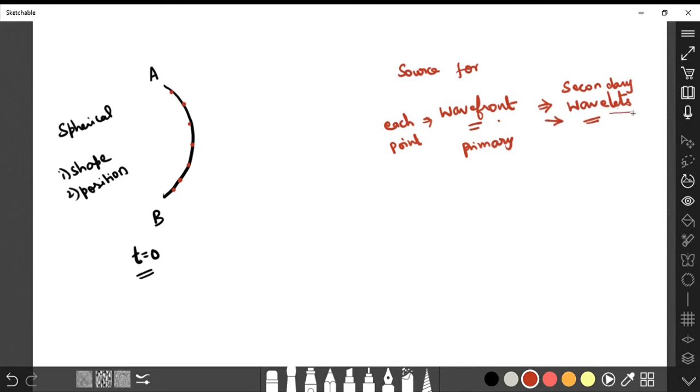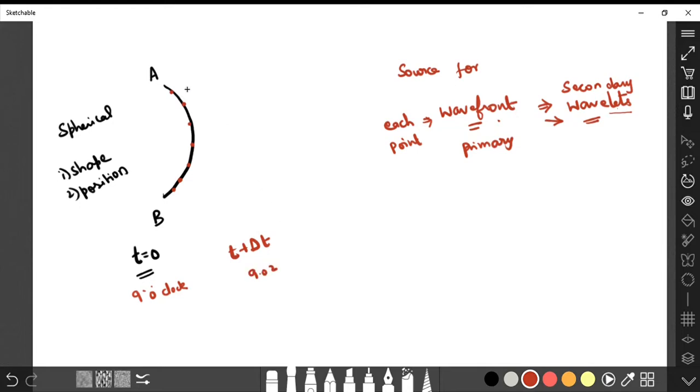If you know the shape and position of one wavefront, AB, at a time t equal to 0, you can find the shape and position of the wavefront after a certain time, for example t plus delta t, maybe 2 or 3 minutes. Currently the time is 9 o'clock; after 2 minutes, at 9:02, what is the shape and position of the wavefront?